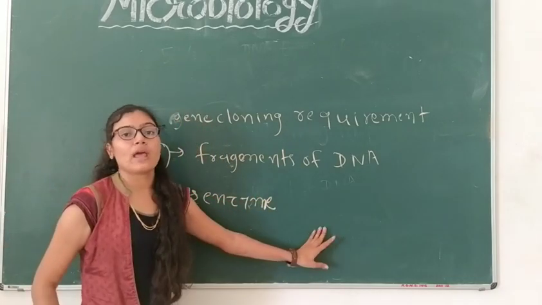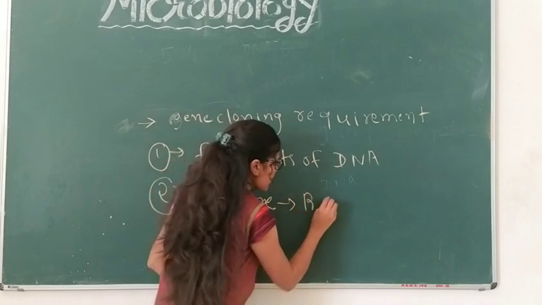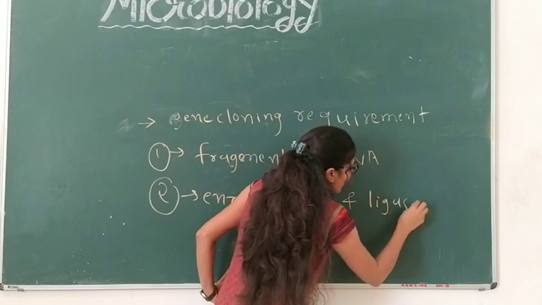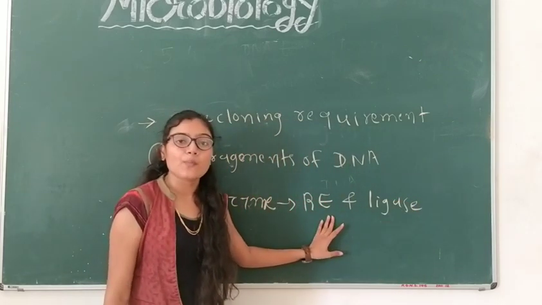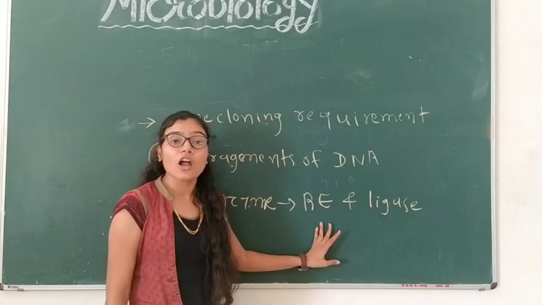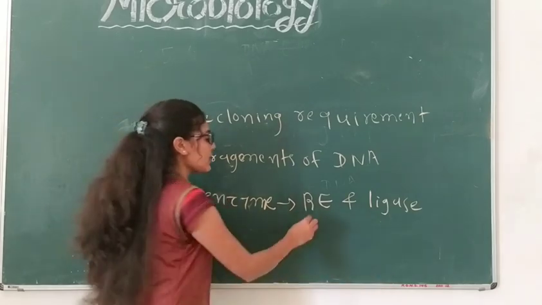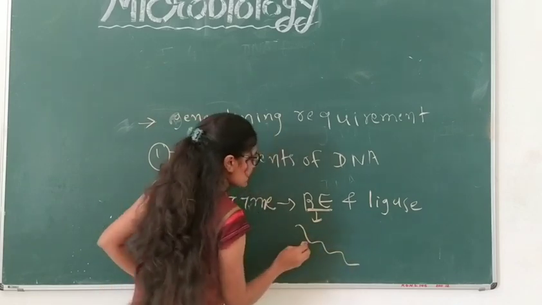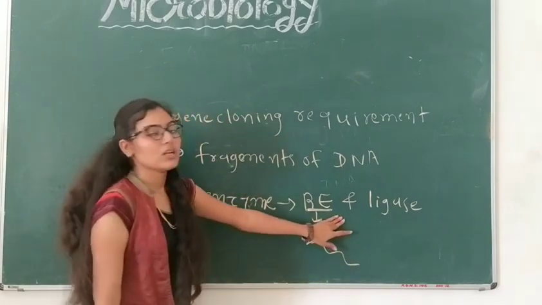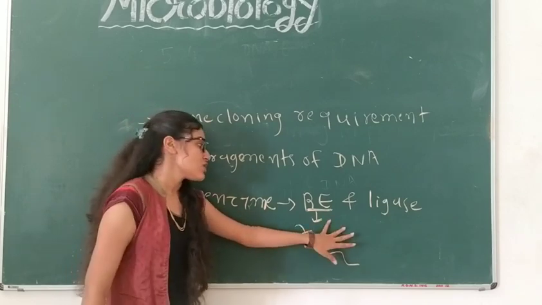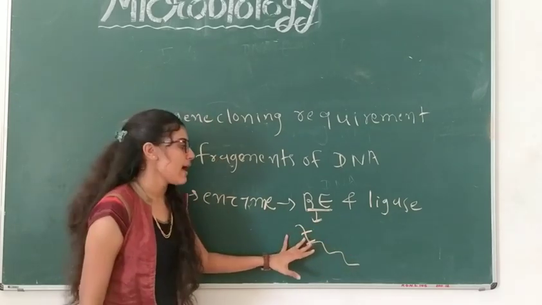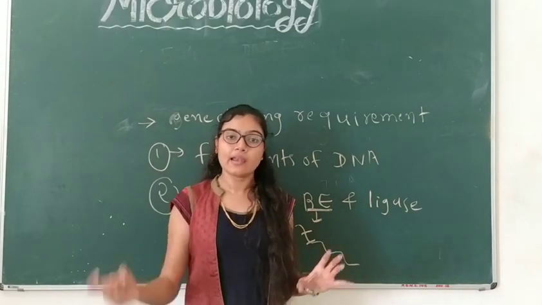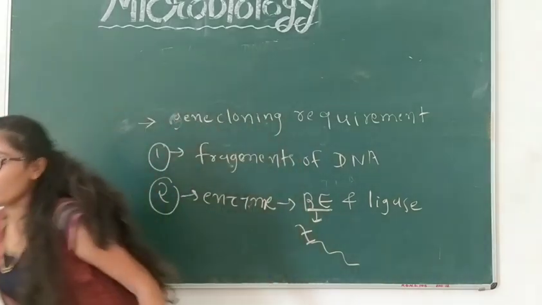We will require 2 types of enzymes. First, restriction endonuclease enzyme, and second, ligase enzyme. Endonuclease enzyme performs the function of cutting nucleotides at a specific site. It will cut a specific site present in a nucleotide. So we will use restriction endonuclease enzyme to cut the site and use ligase enzyme for rejoining the bacterial DNA and the gene of interest. Okay.